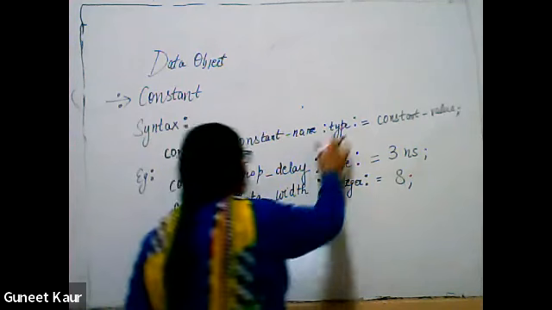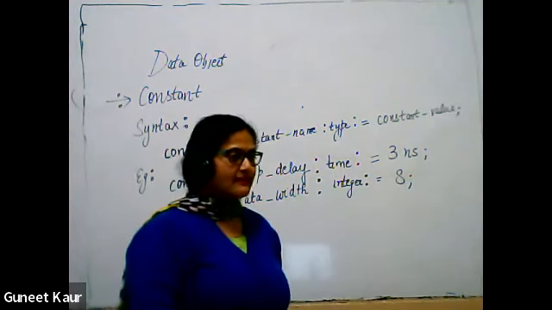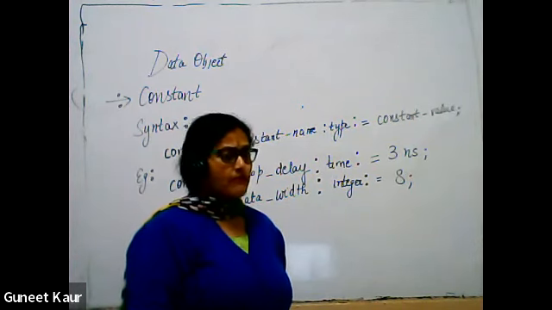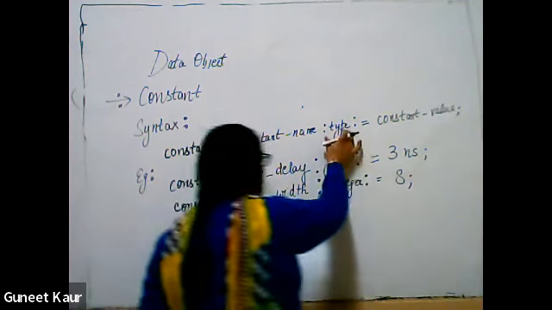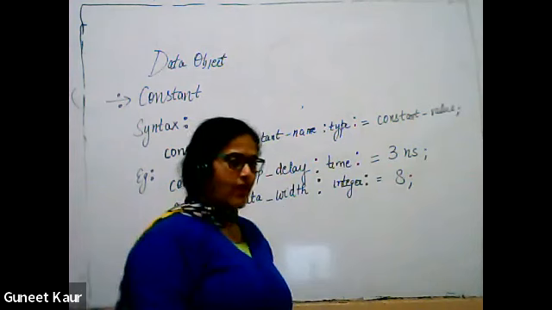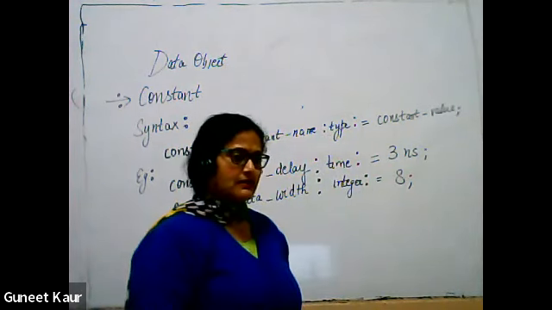And the type for data_width, because we are dealing with data, should be in integer form. So I am taking data width in the integer form, so the type is integer.